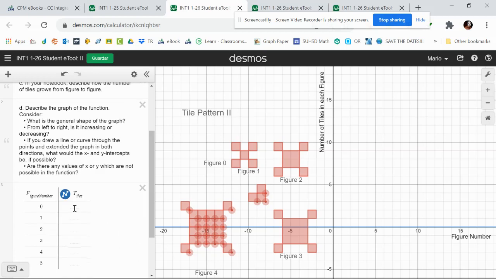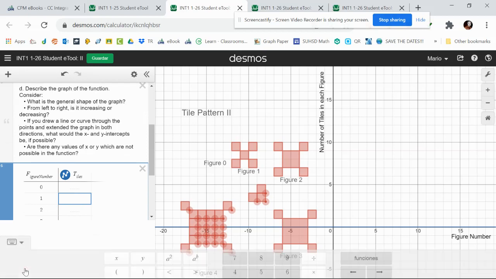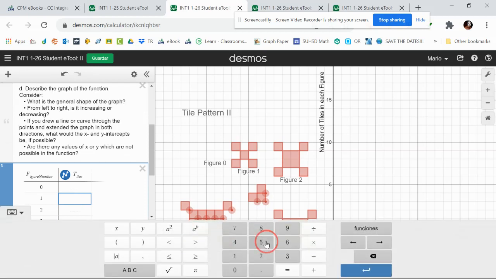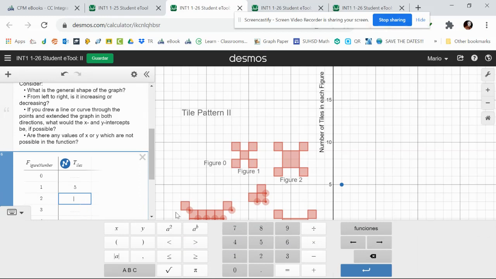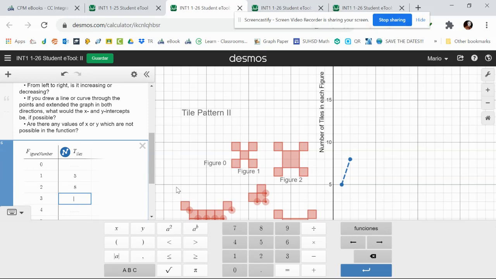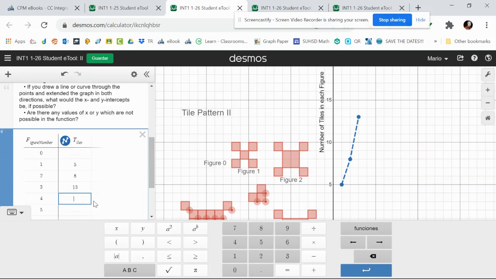All right. And again, you guys can use this. Figure 1 has a total of 5. Figure 2 has a total of 8. Figure 3 has a total of 13. And then figure 4 has a total of 20.